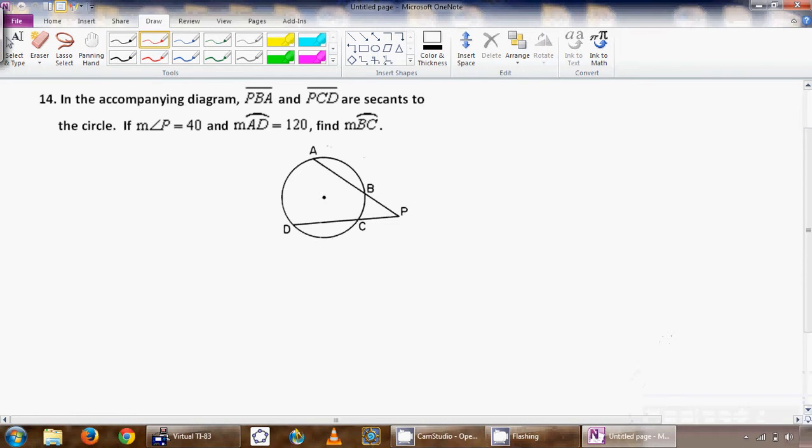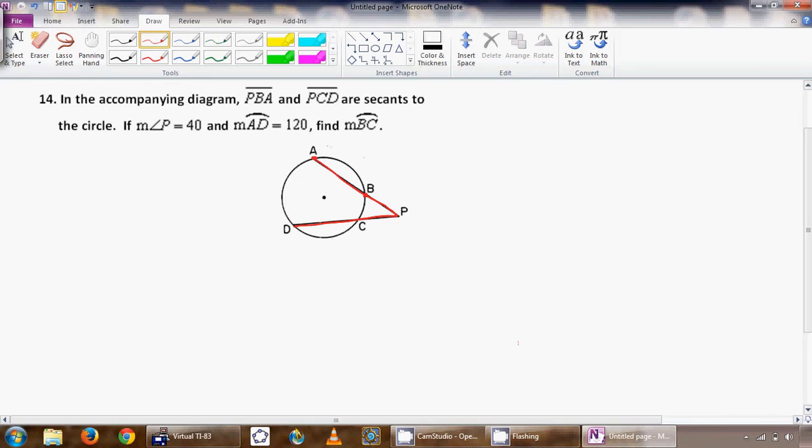14. In the accompanying diagram, segment PBA and segment PCD are secants. They touch the circle once and a second time.